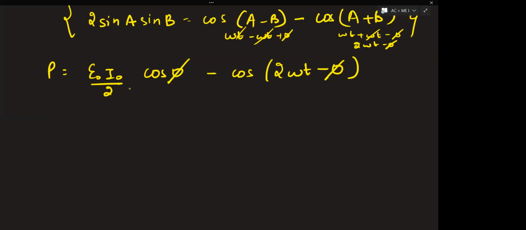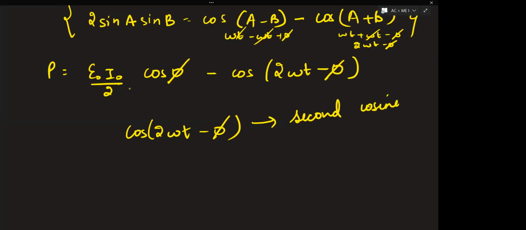All right. Now see, whenever you take the average of cos 2 omega t minus phi, what is this? This is the second cosine term. Cos theta is the first cosine term, and cos 2 theta becomes the second cosine term.